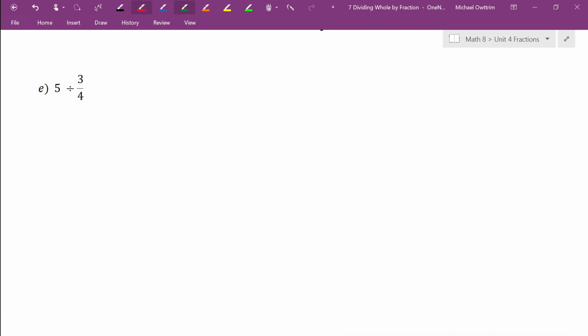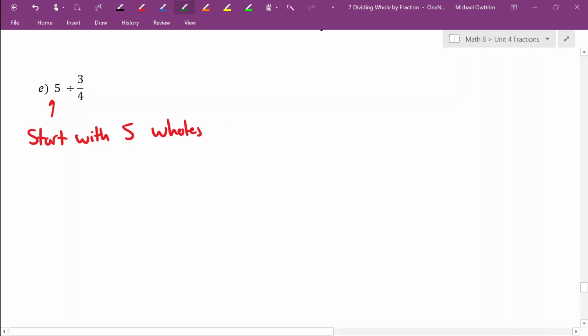Question E, we're going to start with 5 wholes and split those up into groups of 3/4.